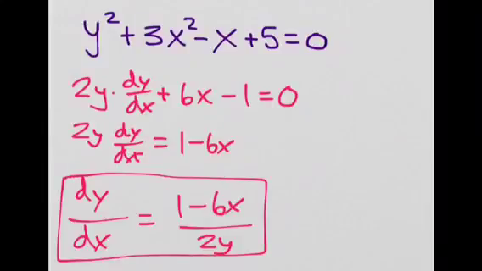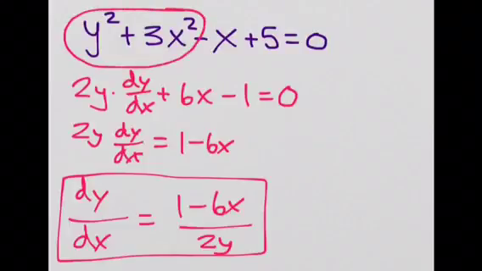And this is weird, because the derivative is now defined in terms of both x and y. But if you think about it, with a y squared and an x squared term, we're dealing with some form of a conic section here, which means it's not an explicitly defined function. It would not pass the vertical line test.